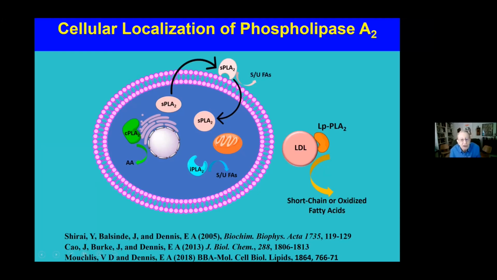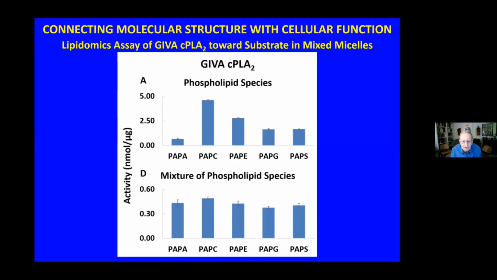So these different phospholipase A2s can tell what the structure is of the underlying fatty acid that they're going to cleave if they're activated to carry out hydrolysis.